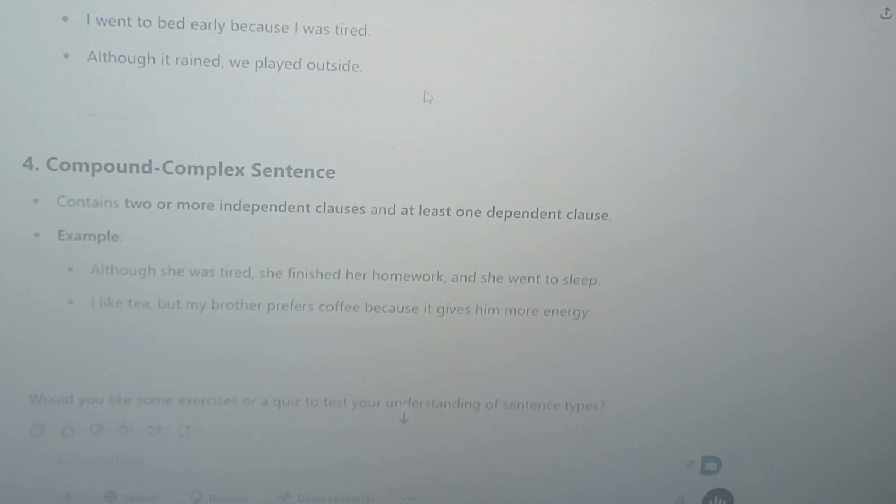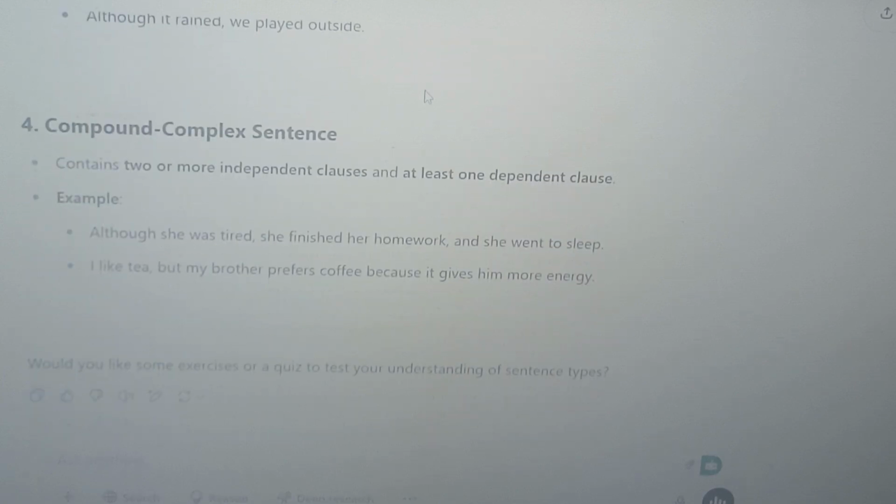Compound-complex sentences contain two or more independent clauses and at least one dependent clause. Although she was tired, she finished her homework and she went to sleep. I like tea, but my brother prefers coffee because it gives him more energy. So compound-complex sentences contain two or more independent clauses and at least one dependent clause.